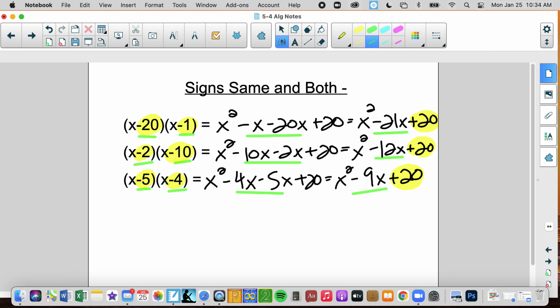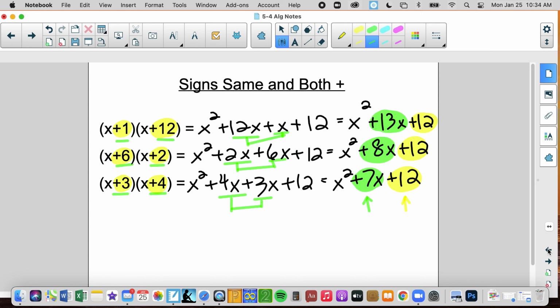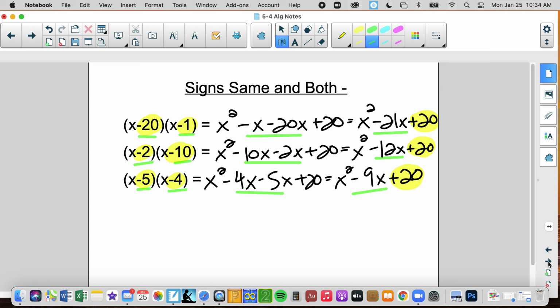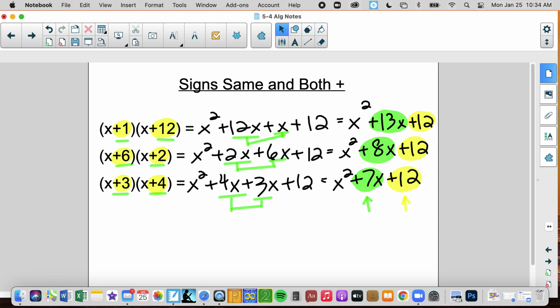All right. So we notice that when the signs are the same and they're either both positive or both negative, my third term ended up always being positive. This is positive, this is positive. And it's because the signs are going to be the same.